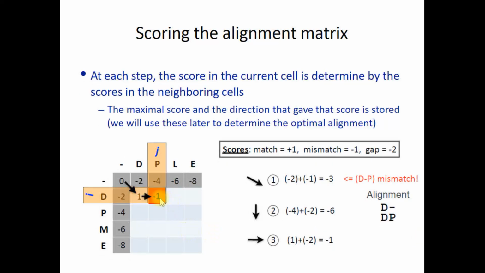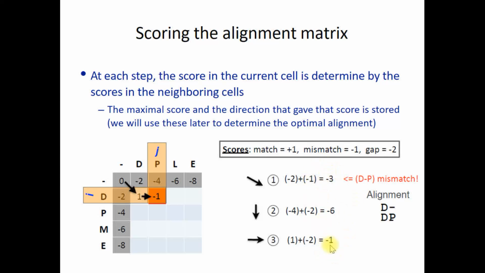Next, this orange cell also has 3 neighbors, and the diagonal neighbor gave it a score of -2, and the P and the D is a mismatch, giving it a mismatch score of -1, for a final score of -3. Similarly, the vertical neighbor and the horizontal neighbor gave it scores of -6 and -1.